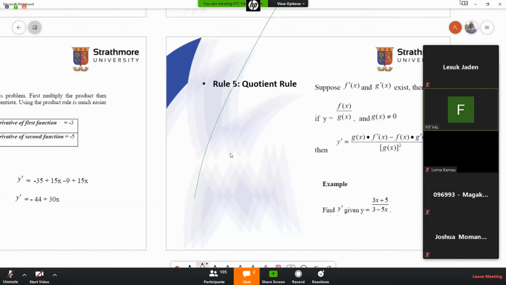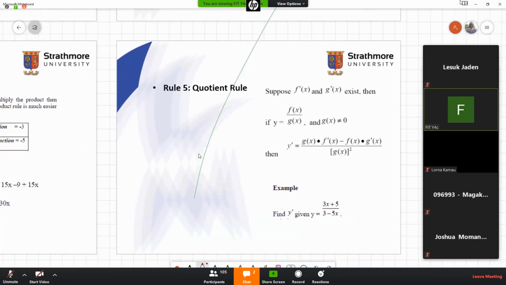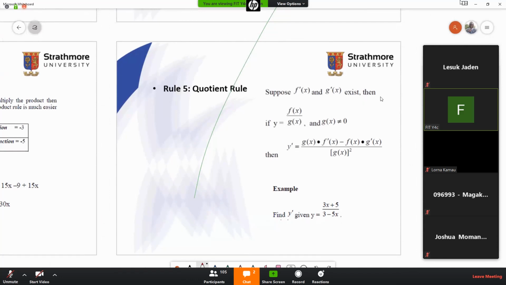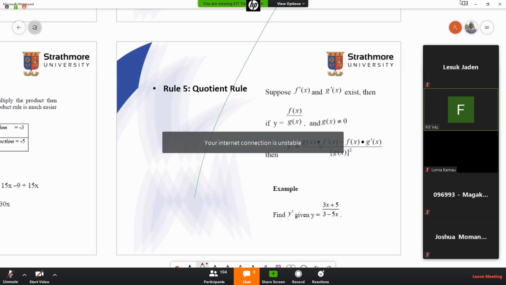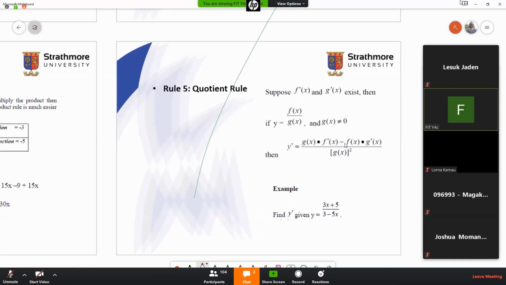Then rule number 5 is called the quotient rule, another important rule. If I have two functions, okay, and there is a division here, y is equal to first function divided by the second function, then the derivative is this denominator function, the derivative of the upper function, numerator, minus the numerator times the derivative of the denominator. The quotient rule, very important again.